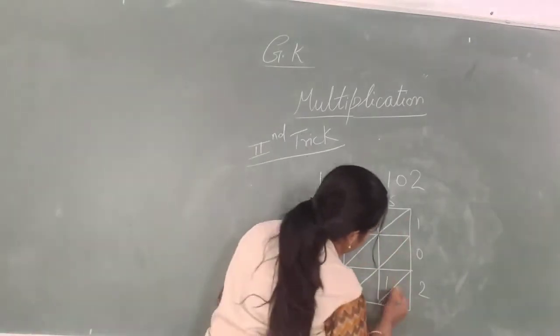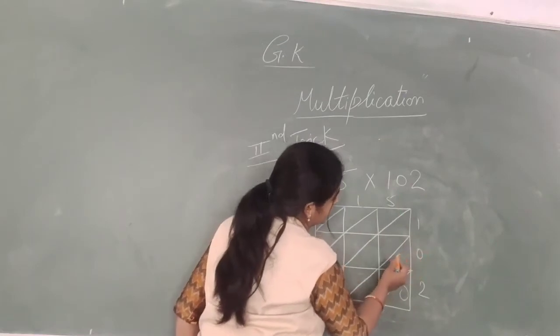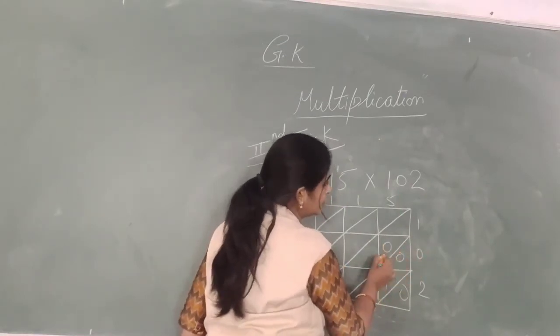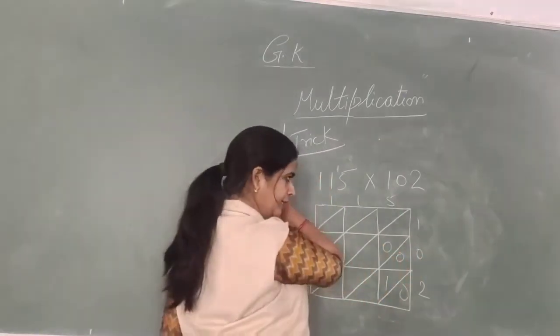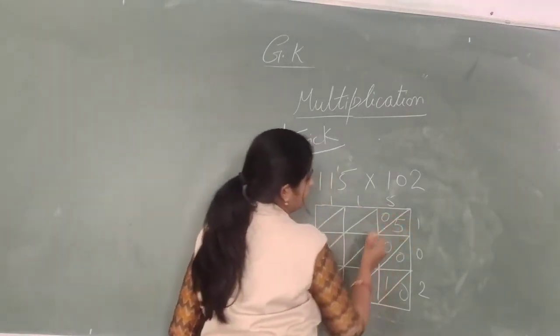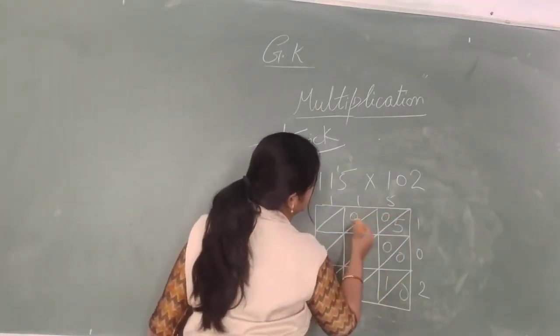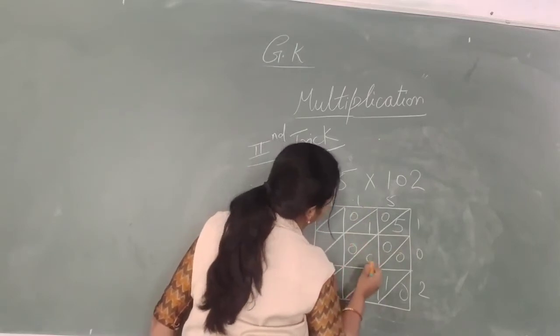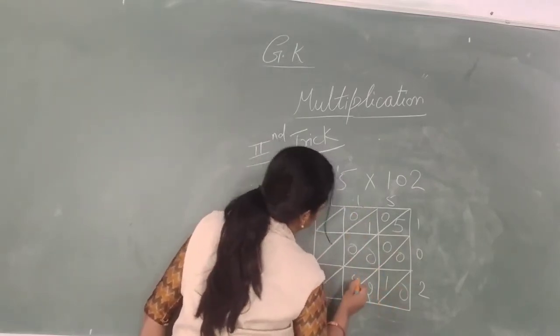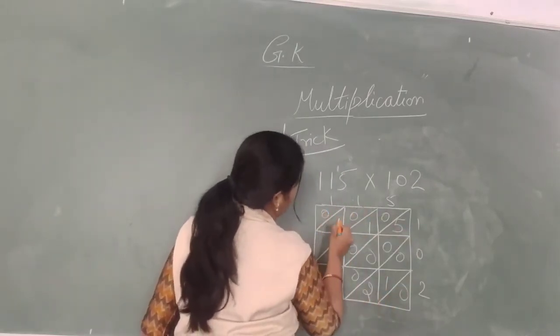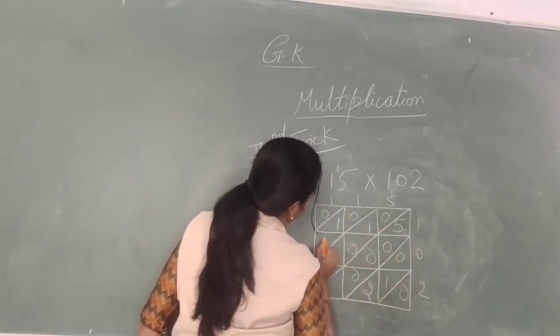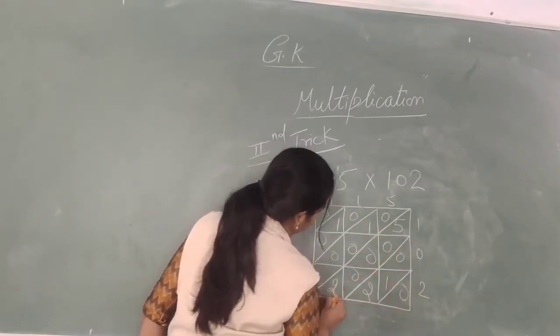5 2s are 10. 5 multiplied by 0 is 0. Put 2 zeros because 2 boxes are there. 5 1s are 5. Put 0 here. 1 1 is 1, 1 0 0. 1 2 is 2, 0. 1 1 is 1, 1 0 0 0. 1 2 is 2.